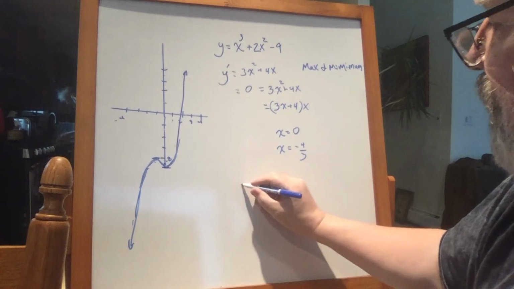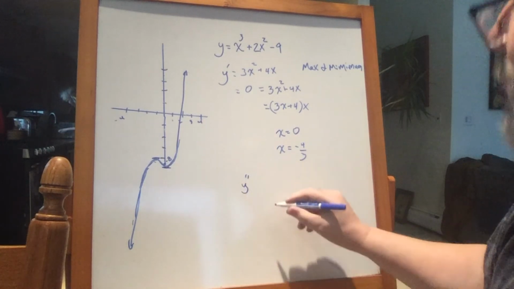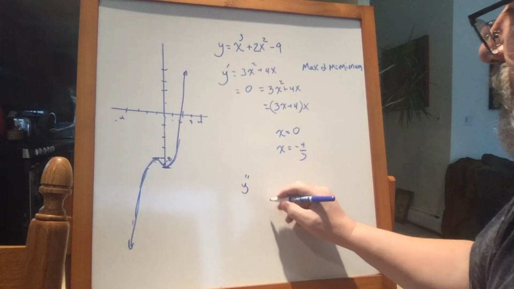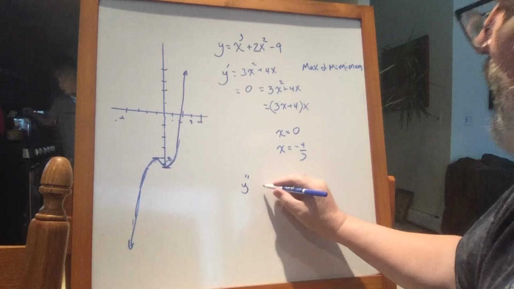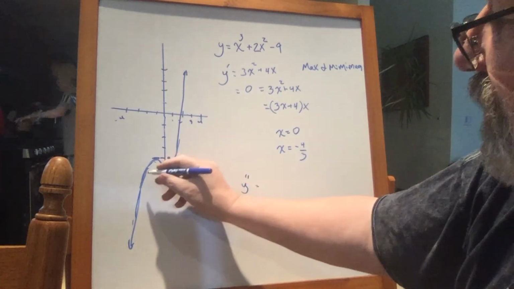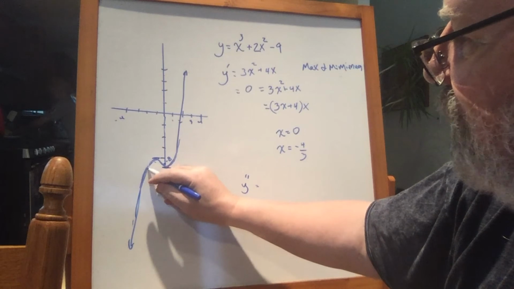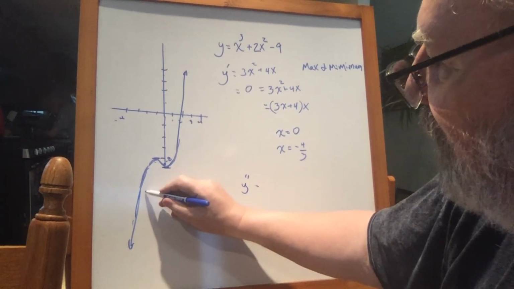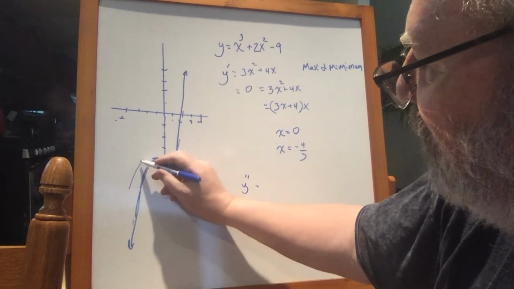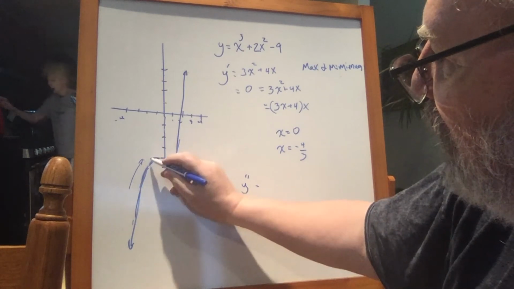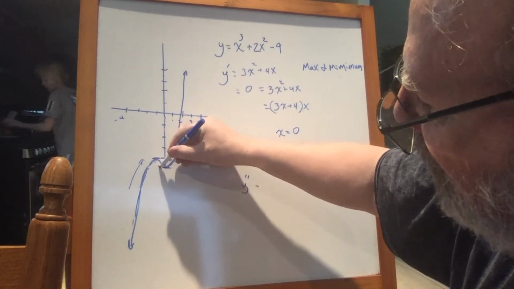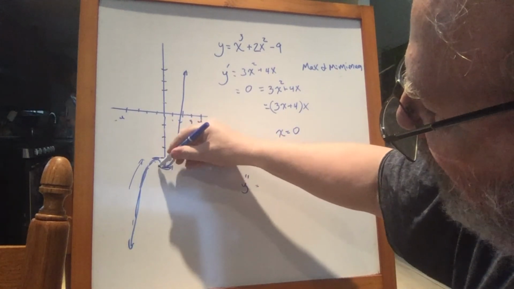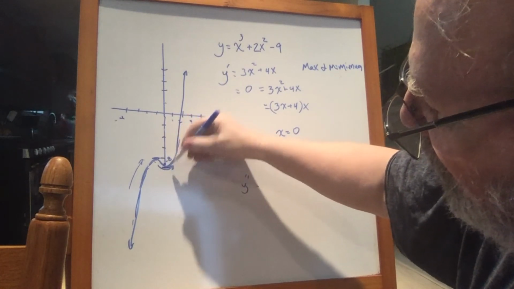And if we do y double prime, we can look at inflection points. Inflection points is where the curvature begins to change. You can see here you got a curve going that way. Down here we have the curve going this way.